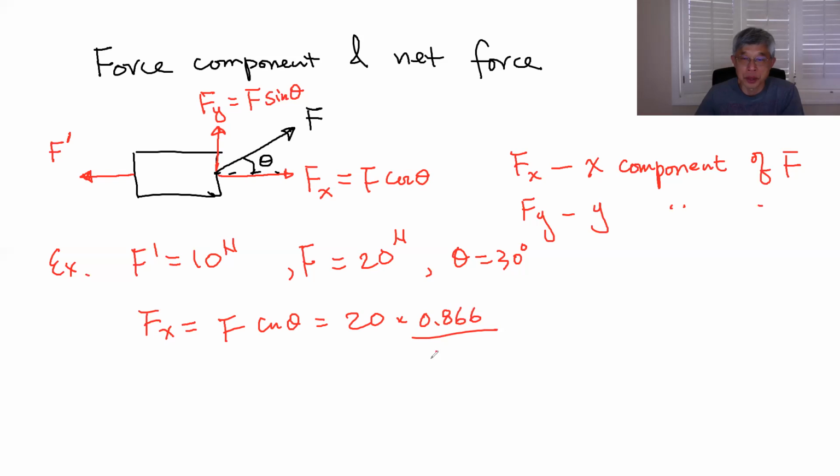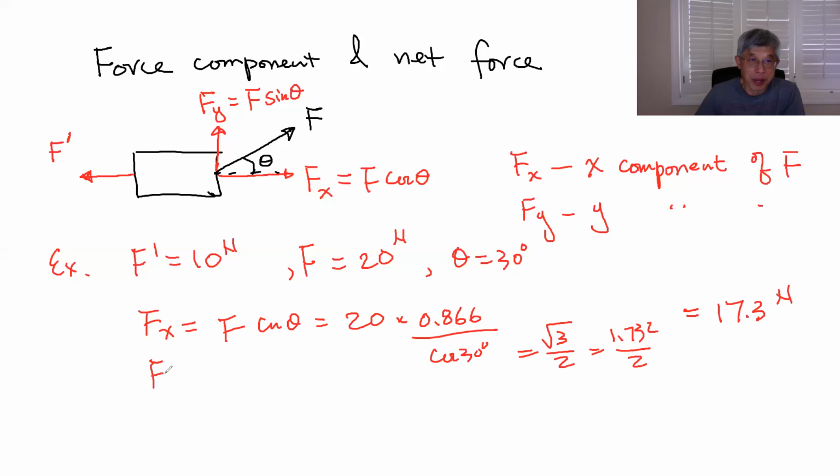It's equal to square root 3 divided by 2, so 1.732 divided by 2. We can calculate that, and that should give you a number like 17.3 Newtons. And then you have Fy equal to 10 Newtons.